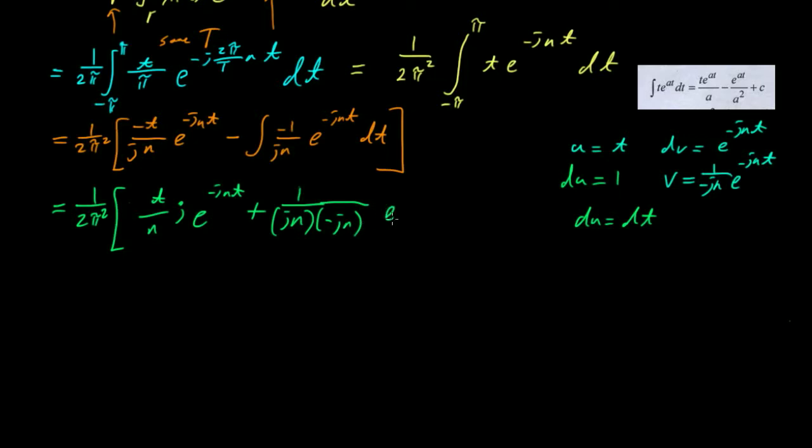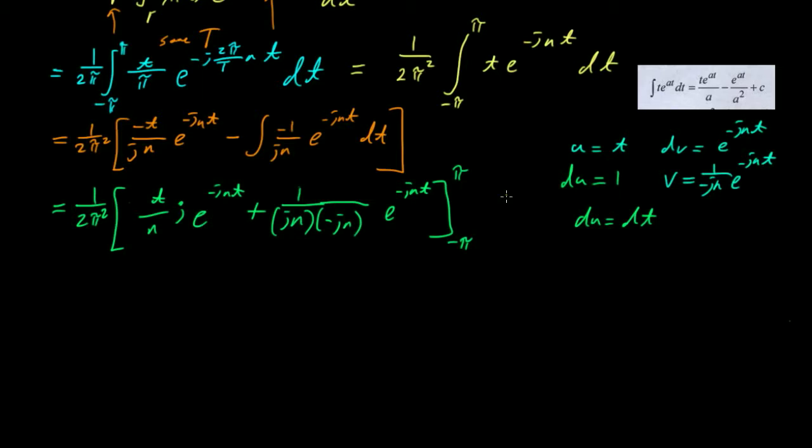We evaluate this whole thing from negative pi to pi. When we did parts, we had to take another integral, because when we take the derivative of u, we got 1 and then we go to 0.